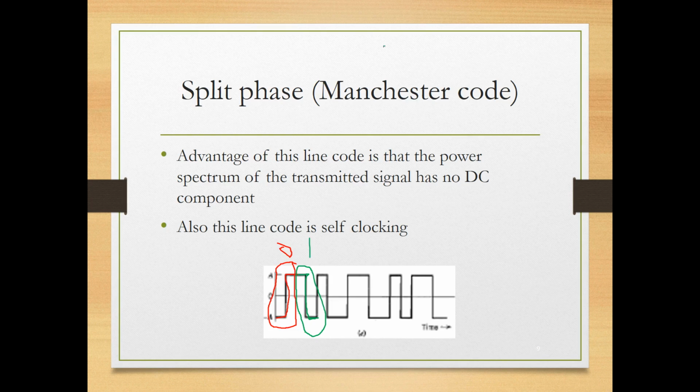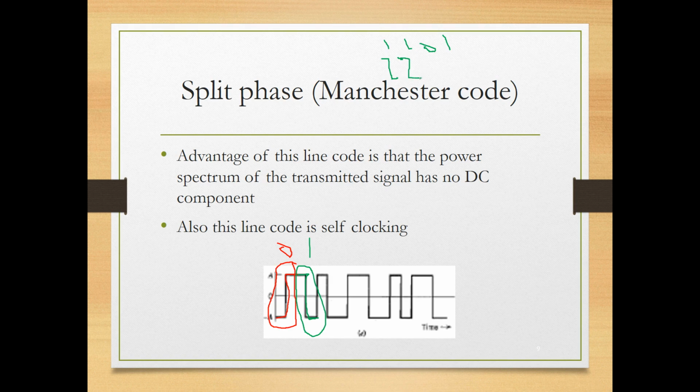If I give you a sequence like 1, 1, 0, 1, and tell you to find the electrical signal that represents this sequence using Manchester code, what do you do? You just know that the Manchester code represents 1 by starting from positive, going to negative, and going up. Yes, this is it. This is 1. This is 1. Then again, you have another one.